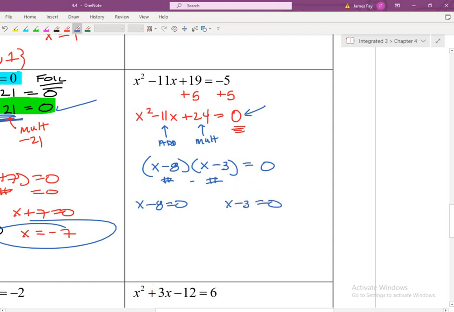I'm confused on why you're writing the sign on. Because I just want us to remember that, and you don't have to write that pound sign. But I'm just trying to get us to remember that it is a binomial x minus 8, but we treat it just like a number, because that's exactly what it is when we know what x is.